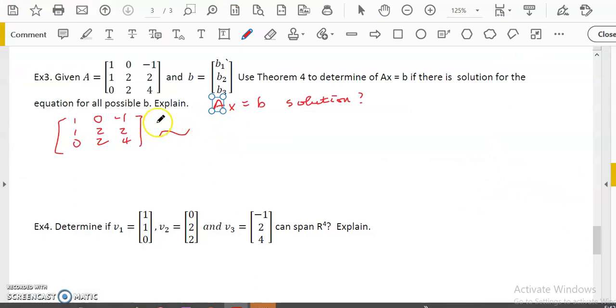So you will say, just remember the theorem works for A, not augmented A. So it is 1 0 0, 0 1 0, 0 0 1. So this is a pivot position, pivot position, pivot position in every row.